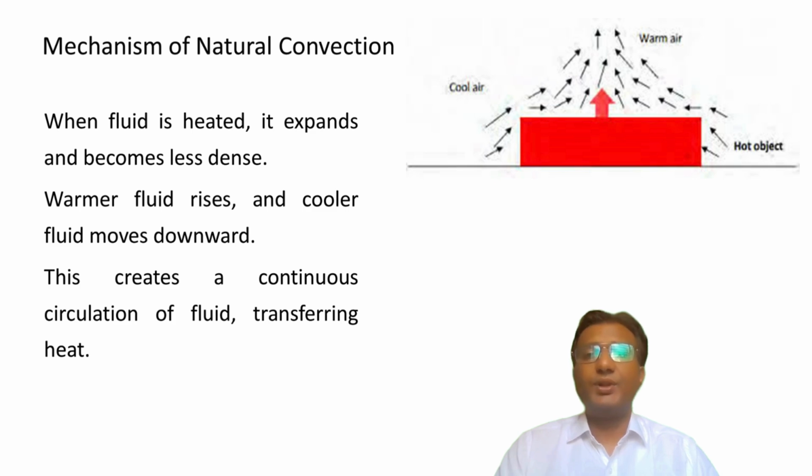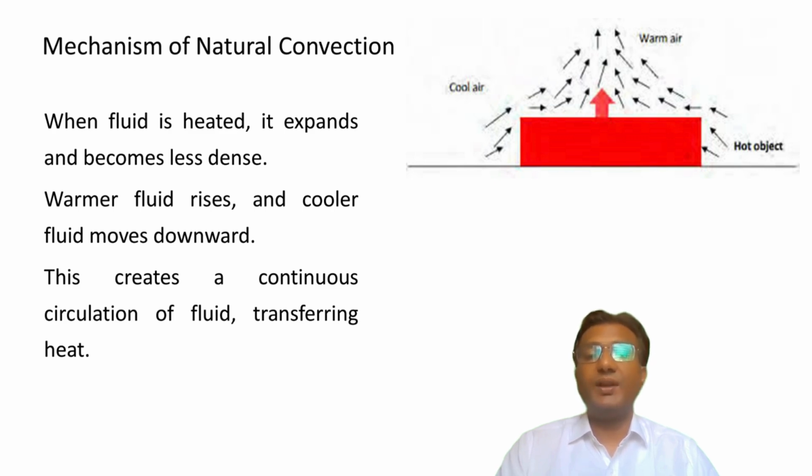As it rises, cooler, denser air or fluid moves downwards to take its place, creating a continuous circulation. This fluid motion transfers heat from the hot surface to the surrounding fluid or vice versa. Imagine a warm radiator. Heated air rises, cools as it releases heat, and sinks, forming a convection loop.